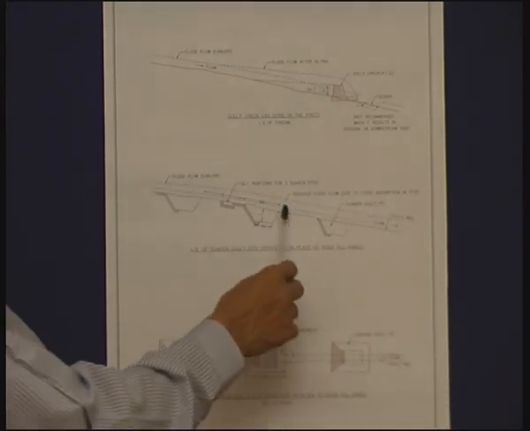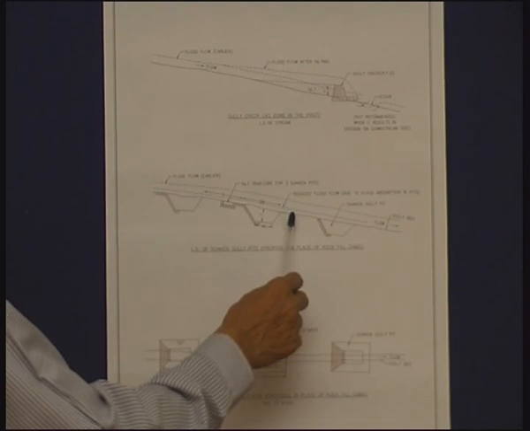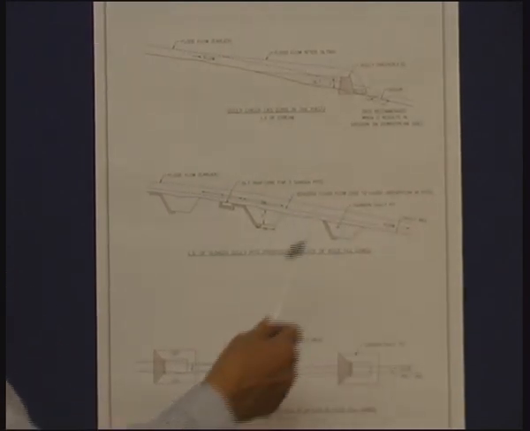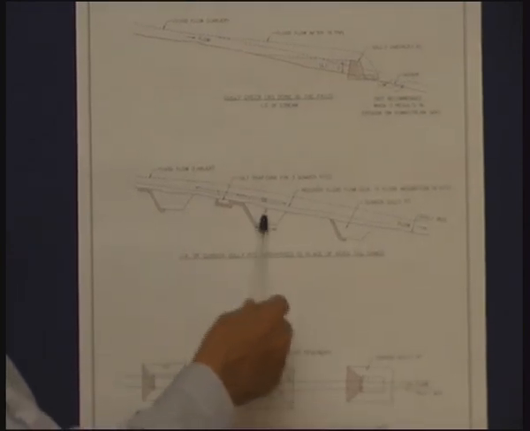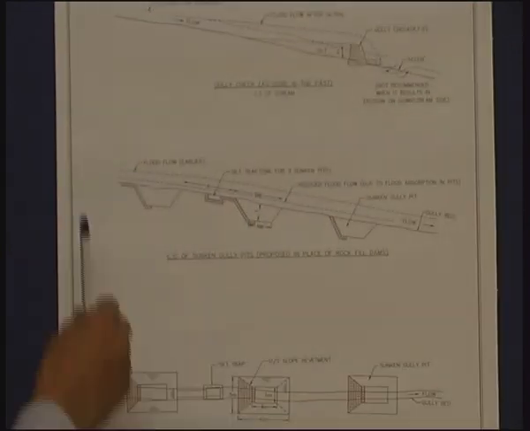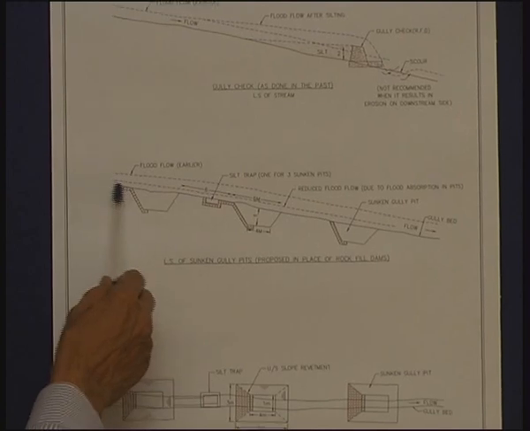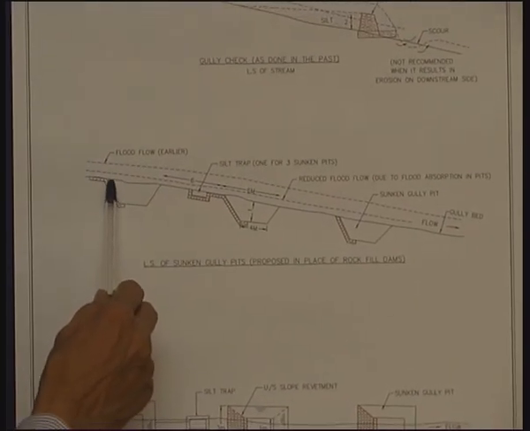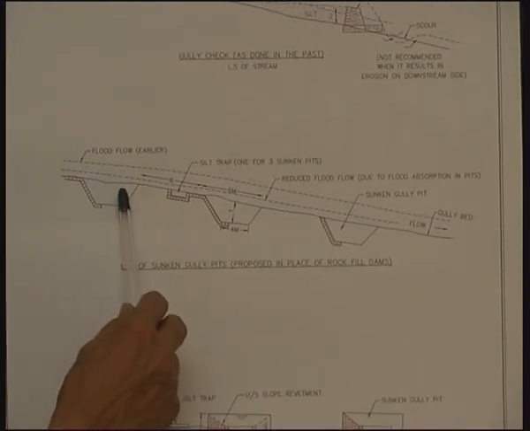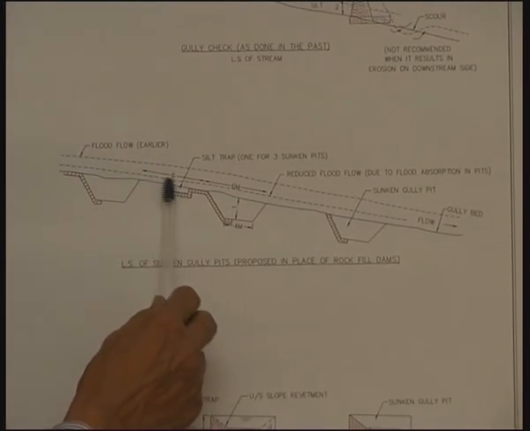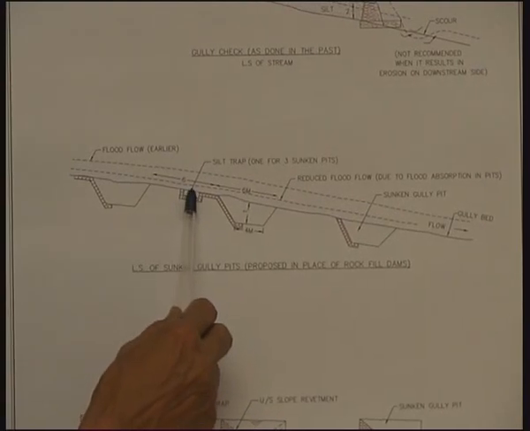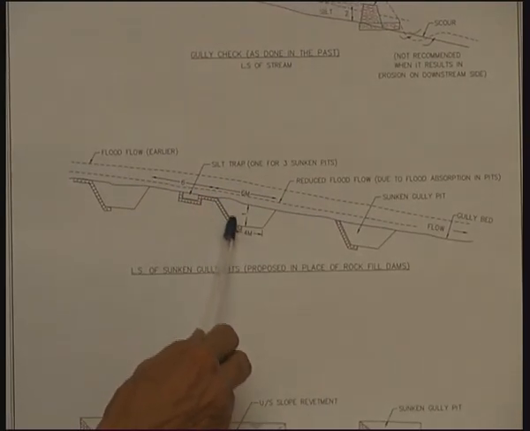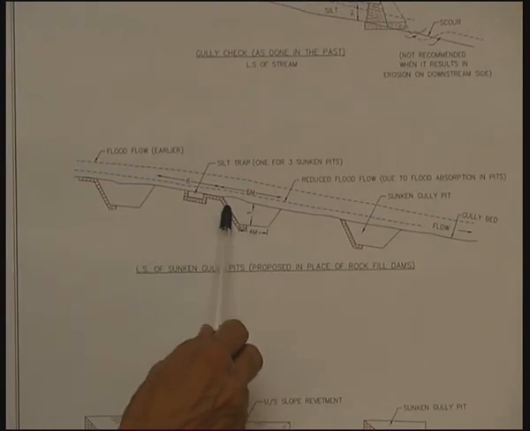In a first order stream or a second order stream, we can execute about 20 to 40 such sunken pits, and the water, as it flows in the gully, enters the sunken pit, fills up and overflows, goes through a silt trap, and again overflows over the silt trap and goes down to the next sunken pit.